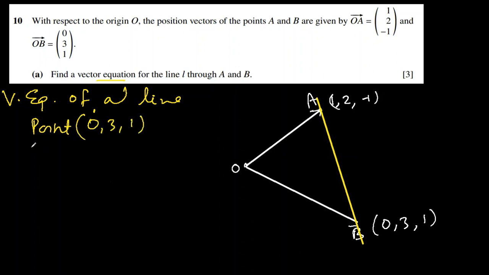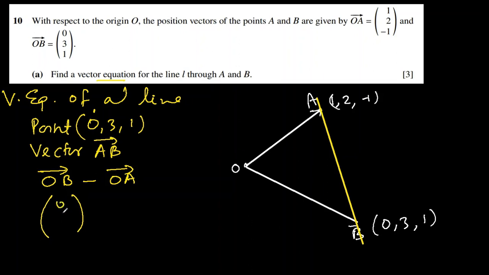All right, and I need a vector. And the vector AB we can find. So let's find vector AB. So vector AB will be the head vector, which is OB, position vector of B, minus position vector of A. So OB is 0, 3, 1 minus 1, 2, minus 1, which will be 0 minus 1 is minus 1, 3 minus 2 is 1, and 1 minus minus 1 will be 2.